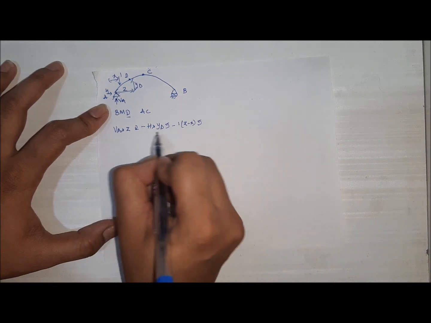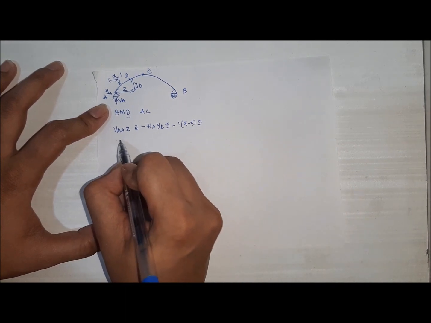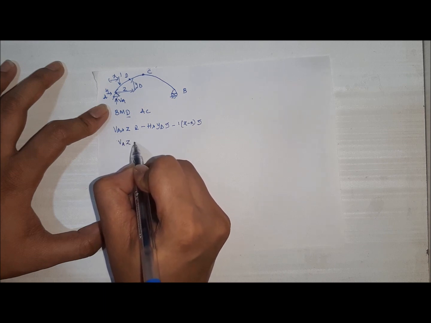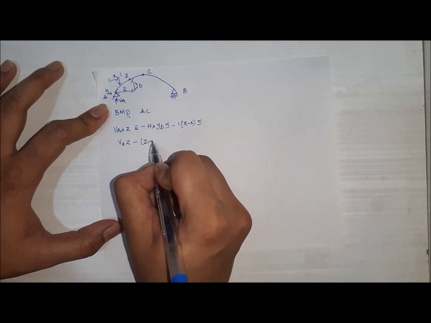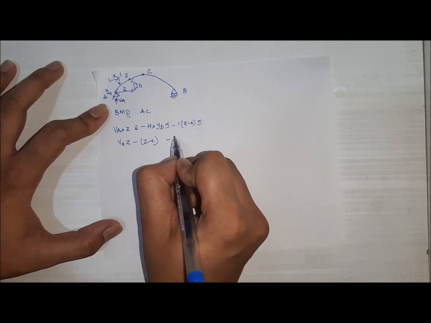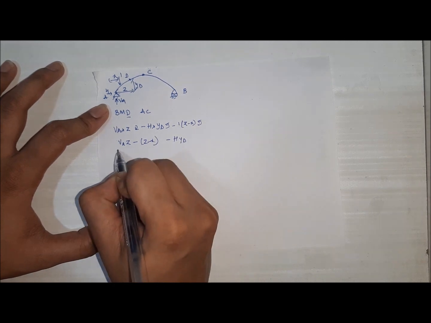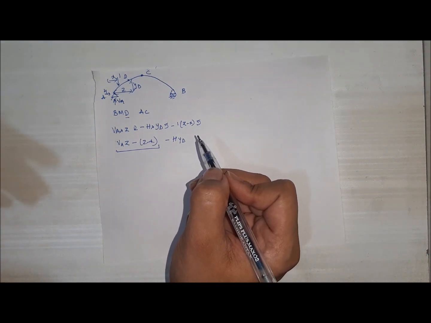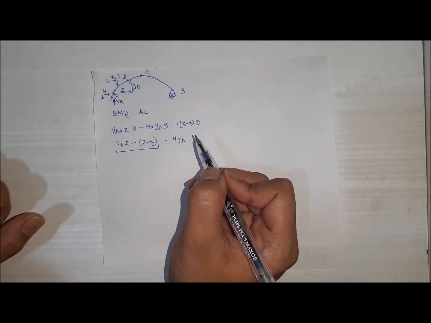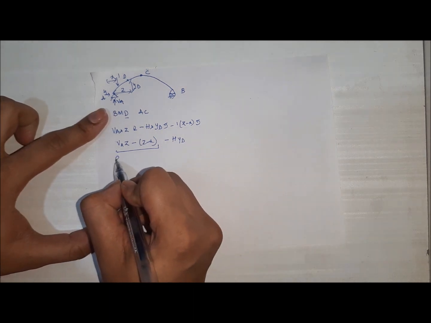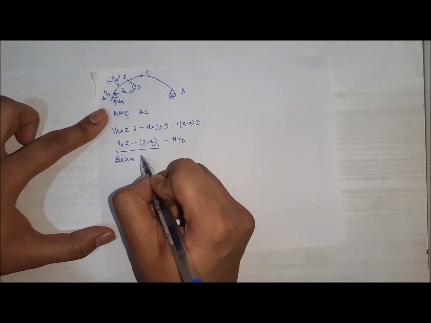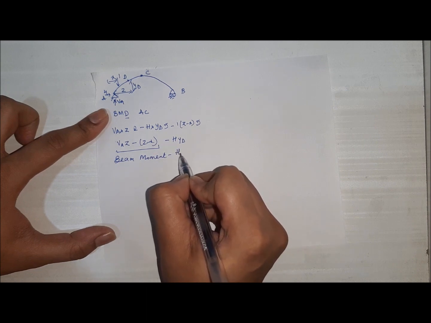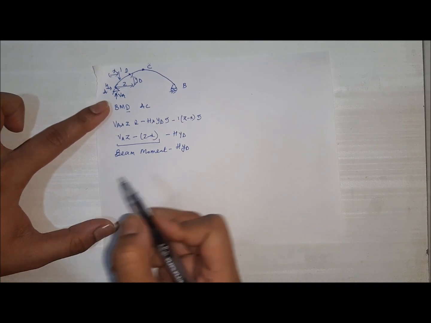This is the bending moment for D. We will rearrange the terms: VA Z minus (Z minus x), and I'll bring this term over here, minus H into YD. Now the first portion gives me the bending moment at D when I am considering AB as a simply supported beam. So this gives us the beam moment, minus H into YD, right?